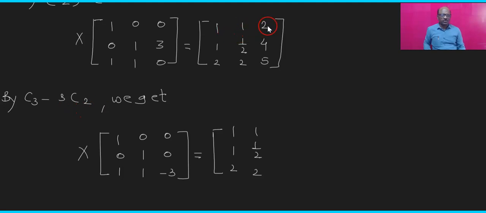Therefore 2 minus 3 gives minus 1, next 4 minus 3 by 2 gives 5 by 2, and the last is 5 minus 2 into 3, that is minus 1.